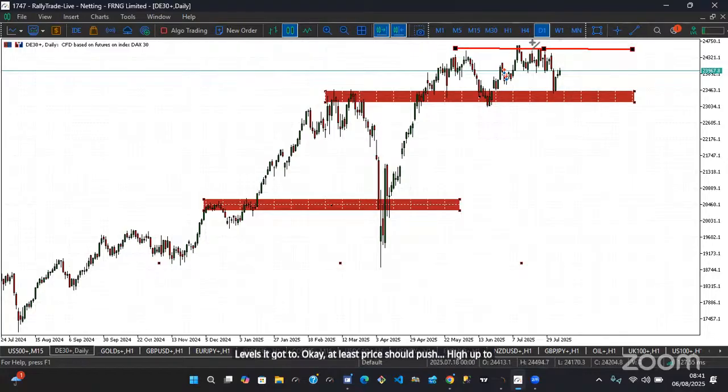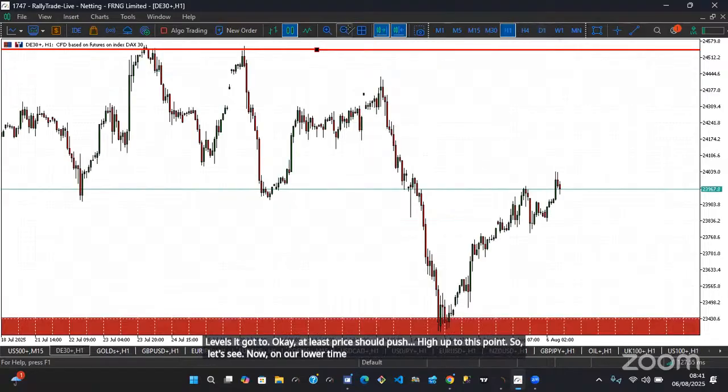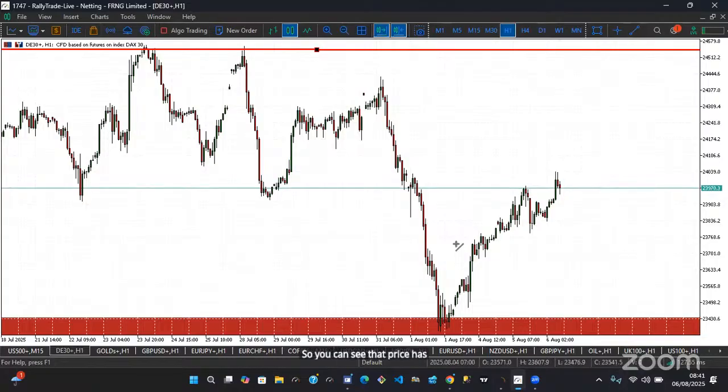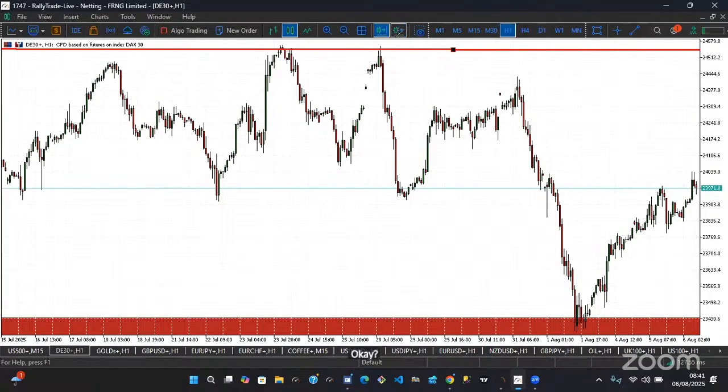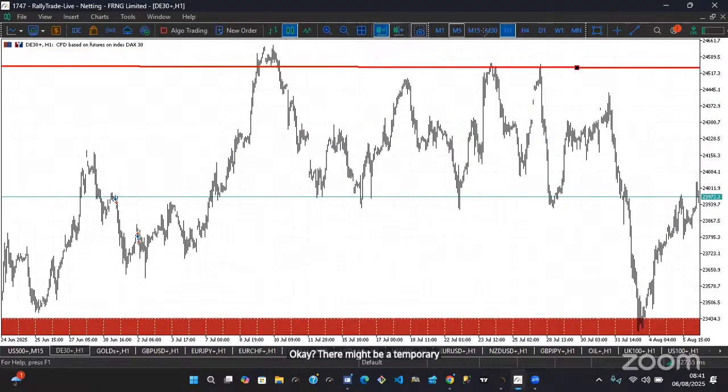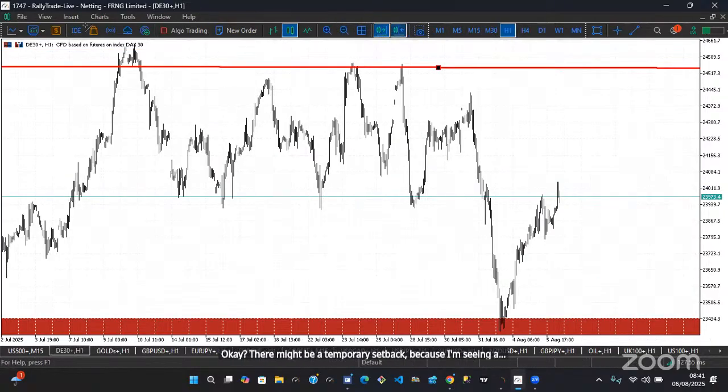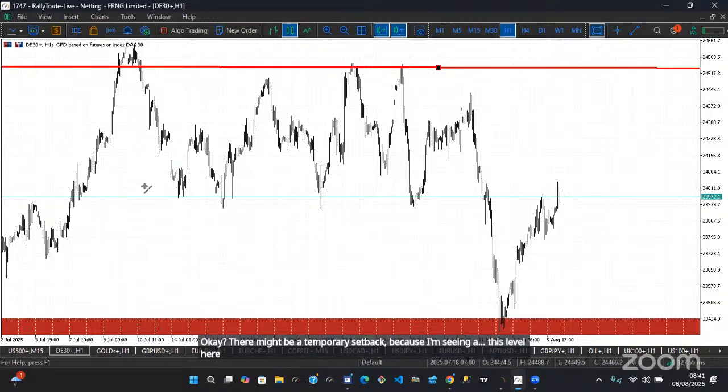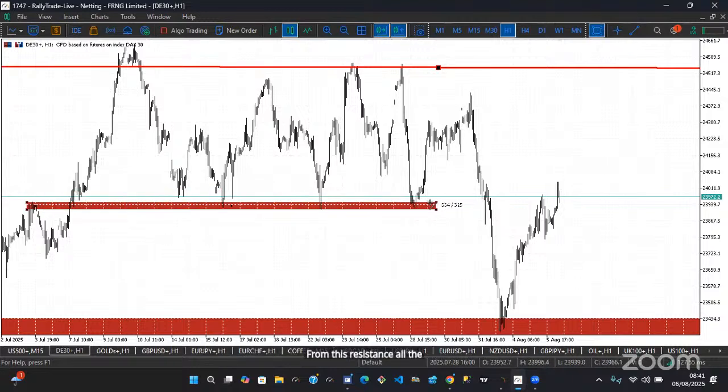So let's see, now, on our lower time frame where you'll be looking for entry points. You can see that price has been pushing back to the upside. There might be a temporary setback because I'm seeing this level here, from this resistance all the way to this point here, that it held.